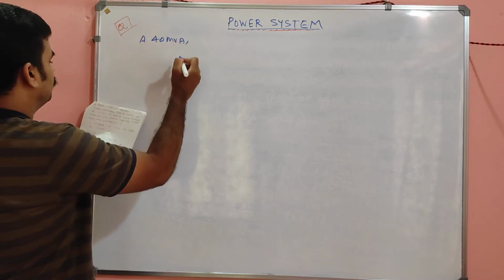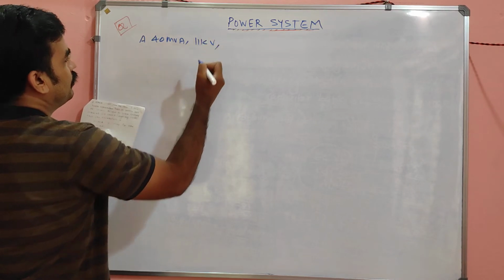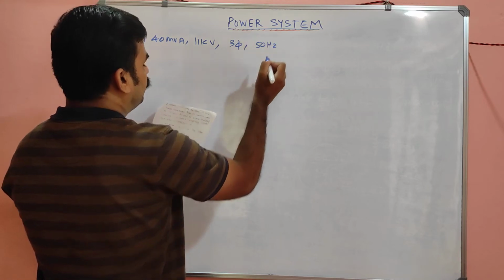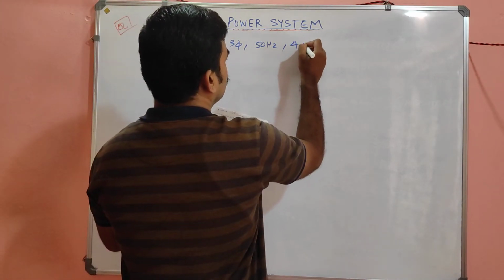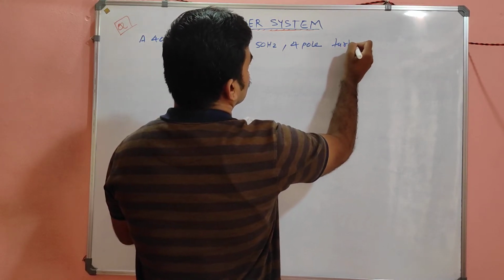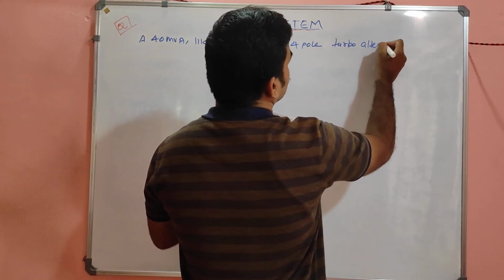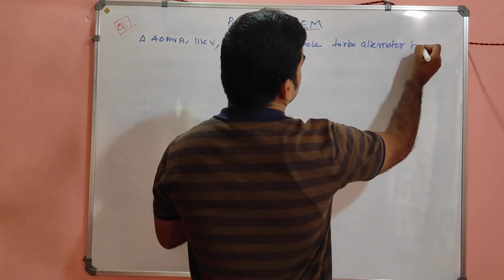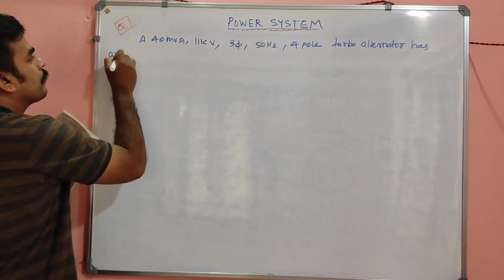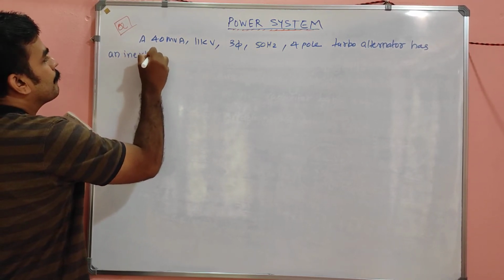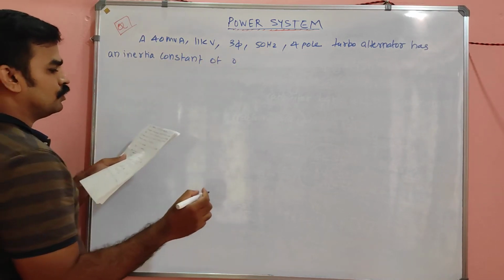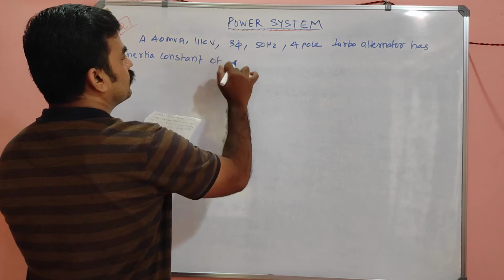A 40 MVA, 11 kV, 3 phase, 50 Hertz, 4 pole turbo alternator has an inertia constant of 15 seconds.